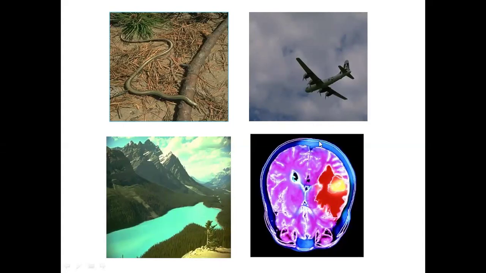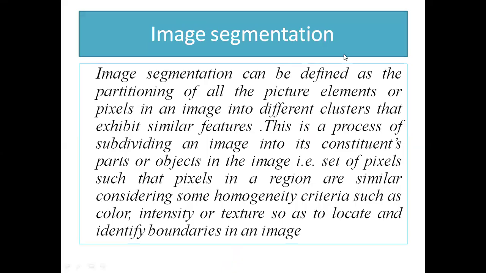Similarly, in this image, this particular portion is considered an object. Well, you got it. We can have a better study of these objects if we can isolate them from the image. That's why we need image segmentation. Image segmentation can be defined as the partitioning of all the pixel elements in an image into different clusters that exhibit similar features.